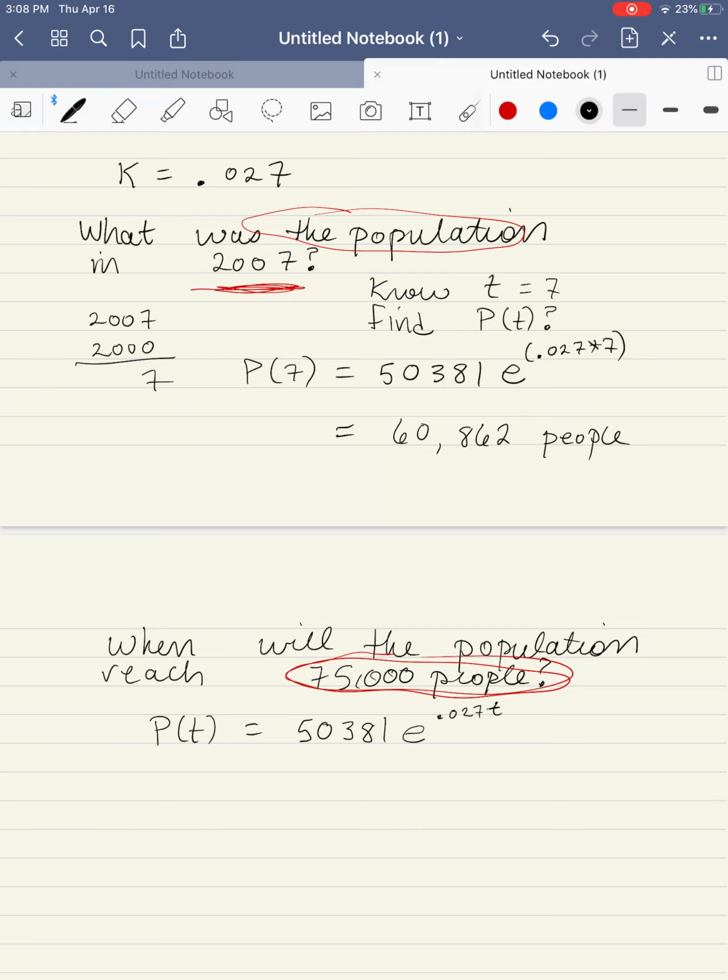Now on this one, what we know is the future value, how many people. So that's telling me that we know that P of t is equal to, my future value is what I'm trying to find here, 75,000. That's how many people P of t is equal to after time t. But what we don't know, what we're trying to find, when, is the time.